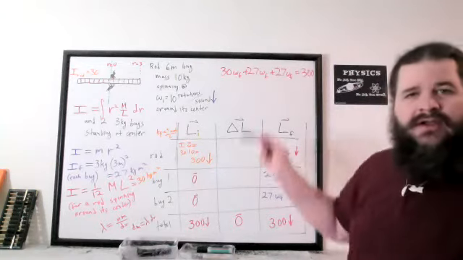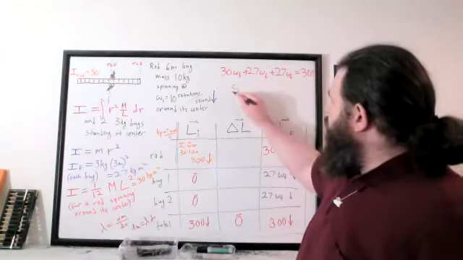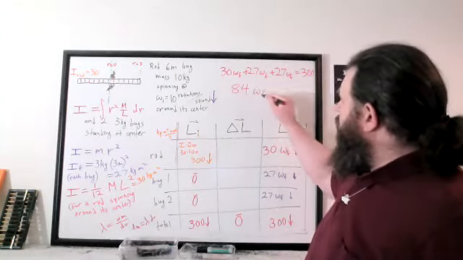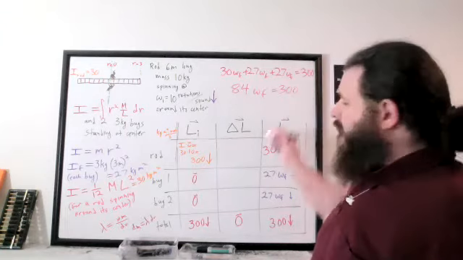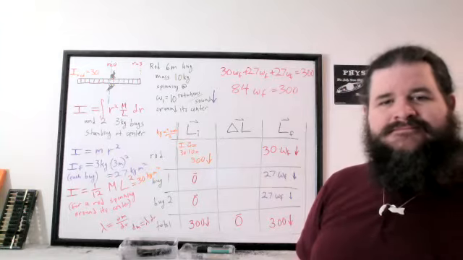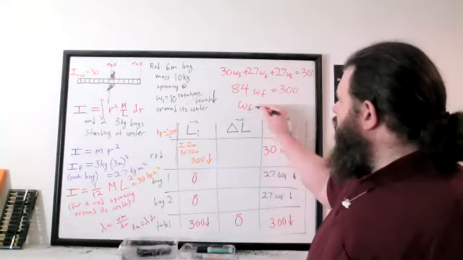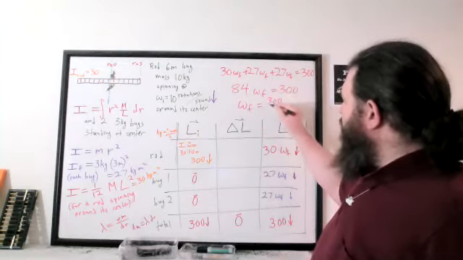Combine like terms here because they all have the same omega final. 30 plus 27 plus 27 should be 84 omega final. And then what's our last step here? Yeah, if we just divide by 84, that should tell us the final angular velocity.